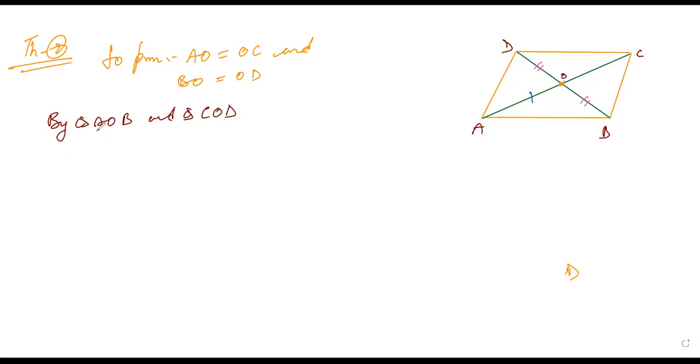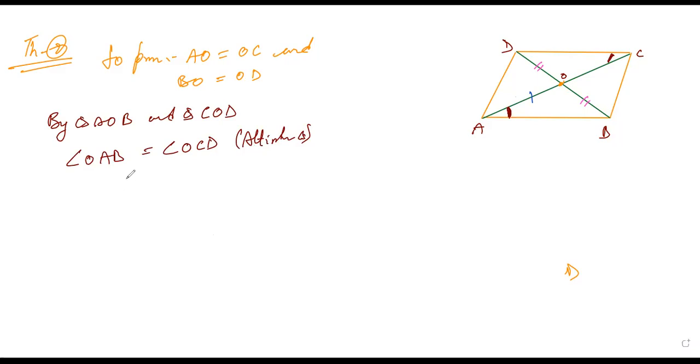So what we can say over here is that angle OAB is equal to angle OCD. This particular angle is going to be equal to this particular angle. Why is it so? It is alternate interior angles, which we had already proved or used earlier also.